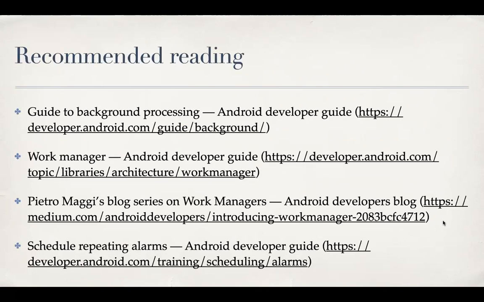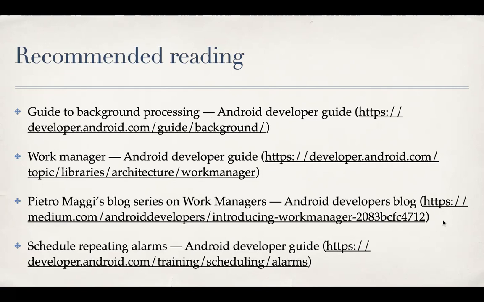As usual, first, some recommended readings. First of all, the guide to background processing, as the name suggests, talks about these basics, guiding principles, and then the distinction or the categorization of background jobs, background tasks.